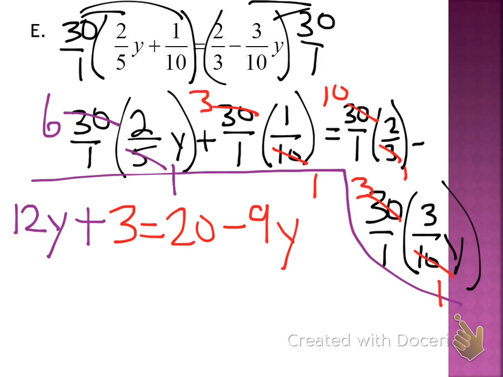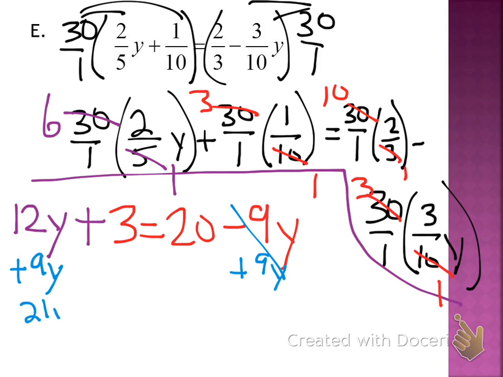All right, what next? Yes? Yeah, you could subtract the 12y part if you wanted. I would not. I just don't like introducing negatives when I don't have to.